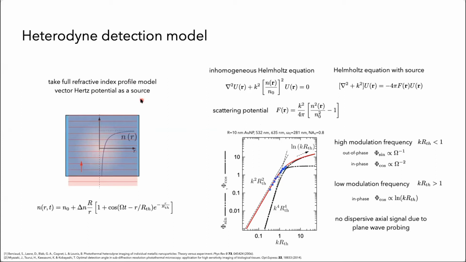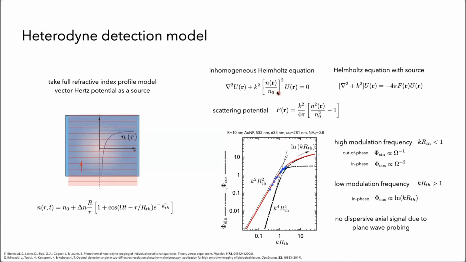I've not written down the theory, which is actually in that paper by the group of Brahim Lounis, but I've sketched it in a different frame. So what you're dealing with, in a scalar theory, is the inhomogeneous Helmholtz equation. It's inhomogeneous because you have that refractive index profile inside the Helmholtz equation.